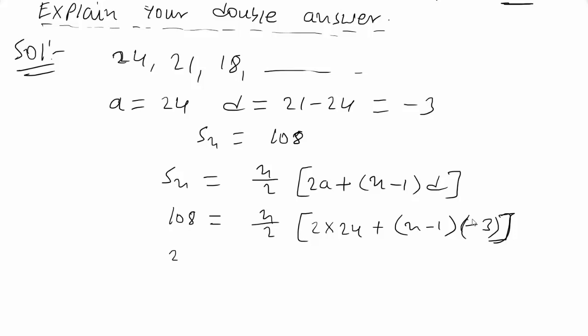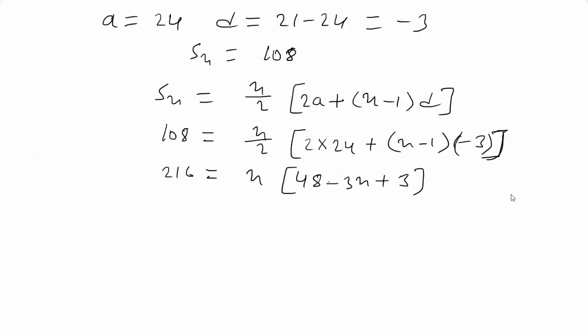This 2 will get multiplied here, so it will become 216 is equal to N times 48 minus 3, and let us open the bracket, plus 3. So we are getting 216 is equal to 48 plus 3, 51, and when 51 gets multiplied by N, it will become 51N minus 3N square.